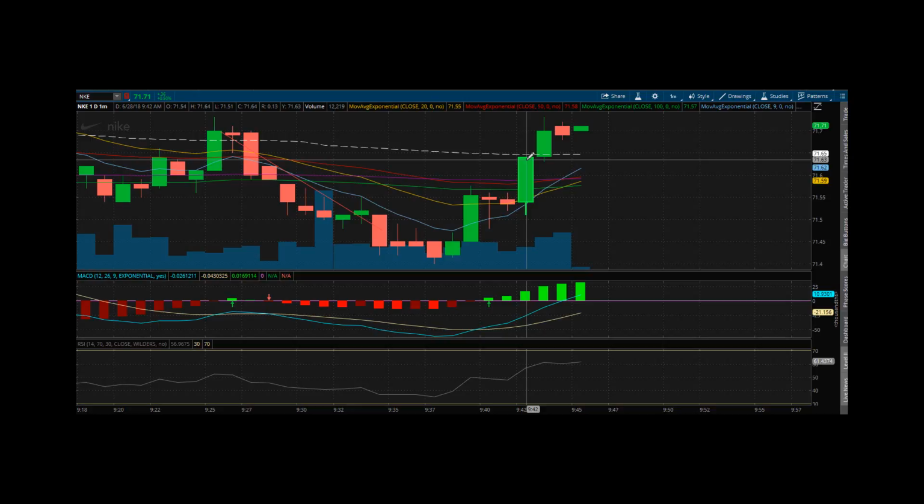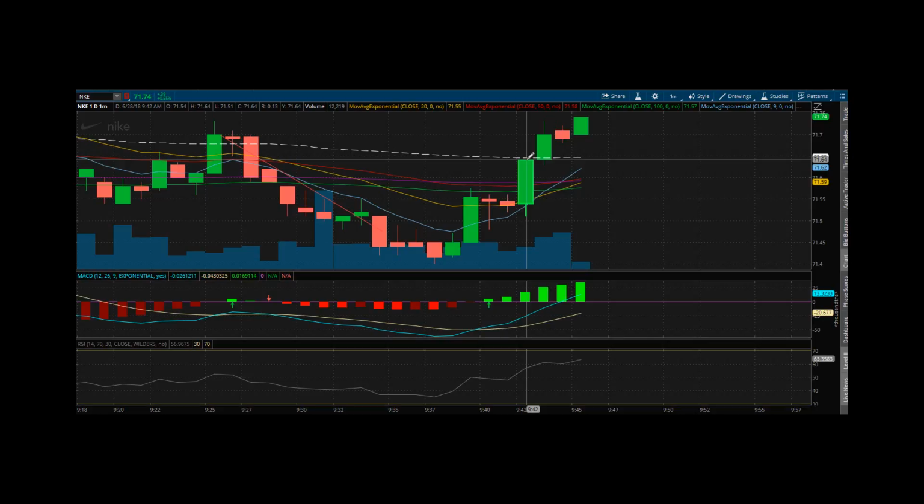But that's kind of how scalping goes, especially using these lines. Now, if you find a lower cap stock, make sure you have a lot of volume behind it. That is the only way this will work out for you.